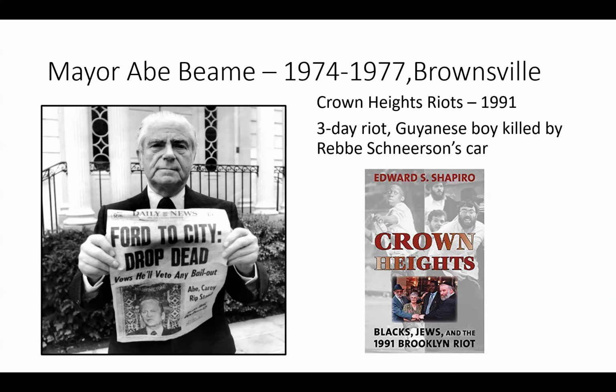A lot of times there would be riots, the Crown Heights riots, where Rabbi Schneerson's car killed a young immigrant kid from Guyana. And the Black-Jewish relationship in Brooklyn has been very delicate.